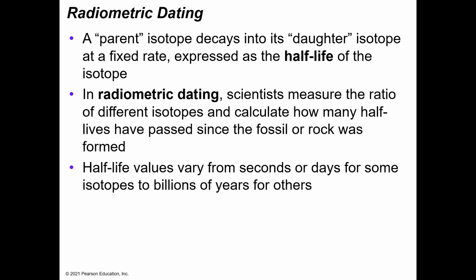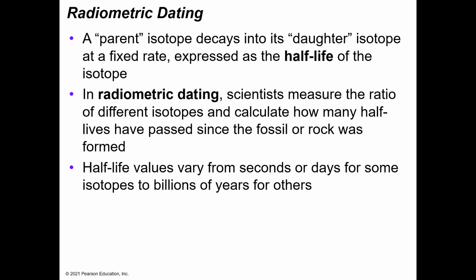If we're talking about carbon 14, which is the radioactive isotope of carbon, it decays around every 30,000 years. So every 30,000 years, the parent will be cut in half in the parent to daughter ratio.